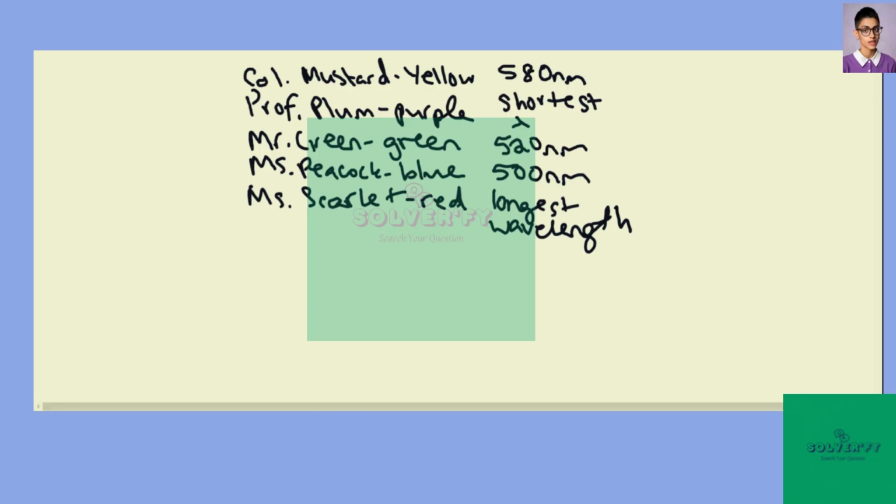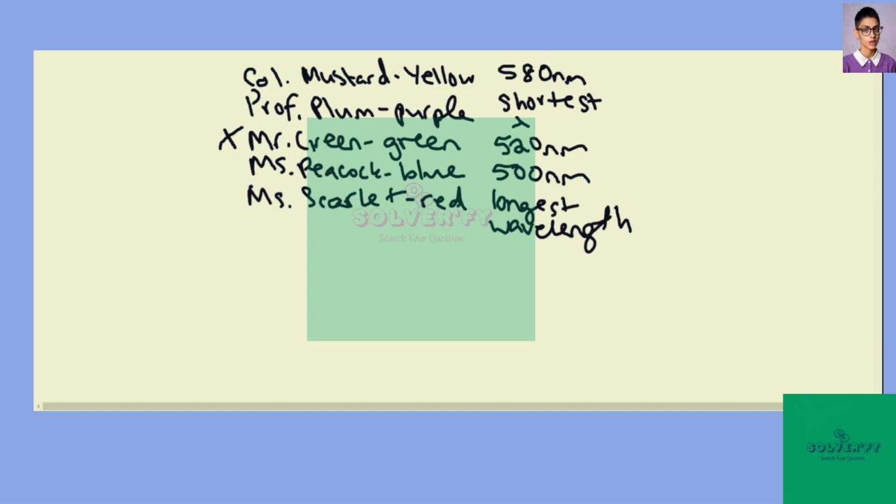So if we look at who we know we can eliminate, we know we can eliminate Mr. Green because 520 corresponds to green.